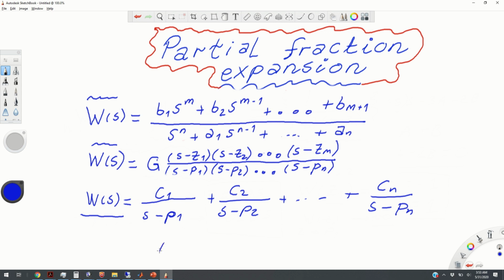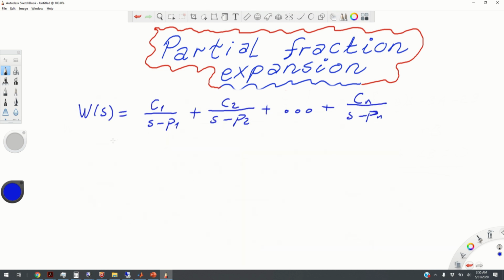So p1 has to be distinct from p2, from p3, etc., till pn. When this is satisfied, there is such a partial fraction expansion. Later on we are going to show how to compute partial fraction expansion when this is not satisfied. For the time being we are assuming this. Notice here that p1, p2, p3 and pn can also be complex poles.